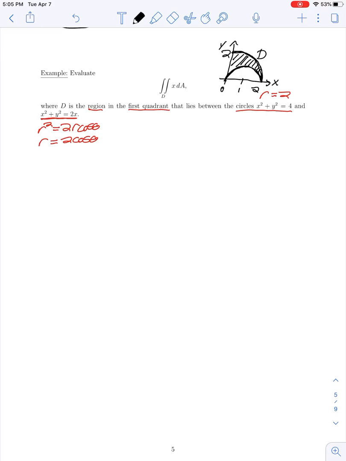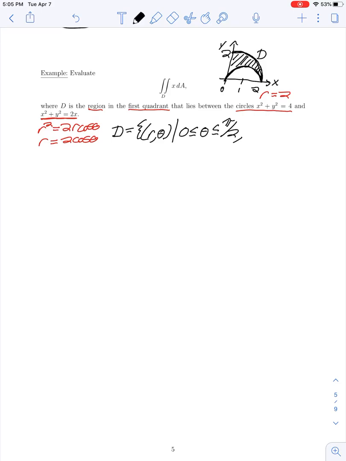So in terms of polar coordinates, let's think about how we could describe that region. We could think about it as the set of all points whose polar coordinates are bounded by theta equals 0 to pi over 2, since we're only working in the first quadrant.